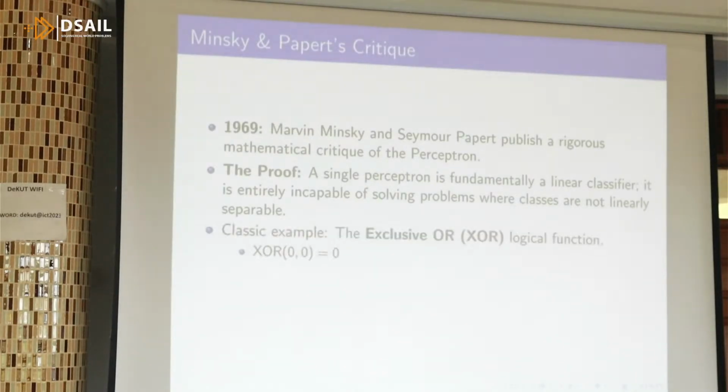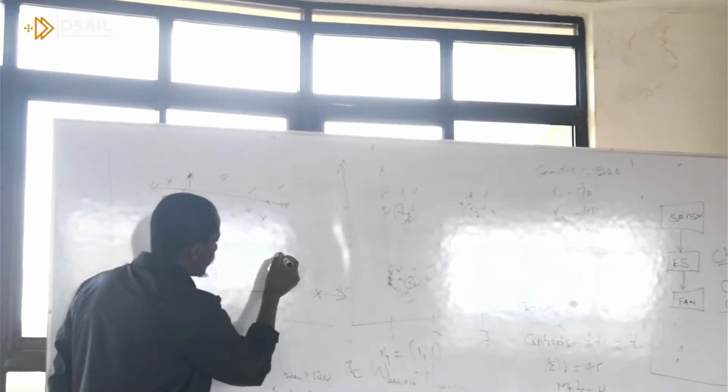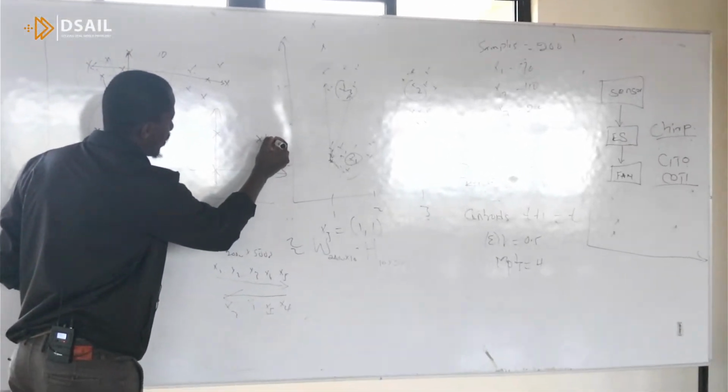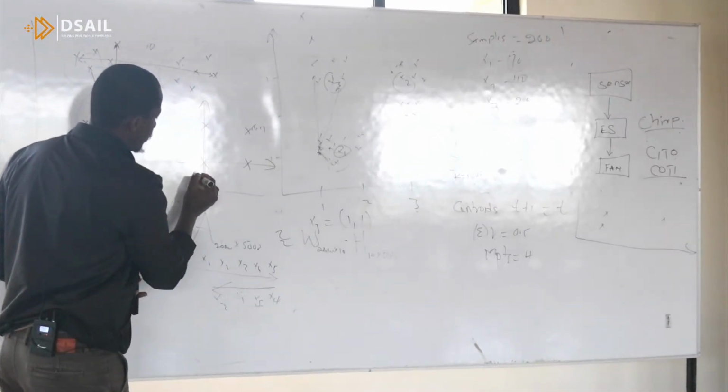I think 2 days ago, Emerson talked about this exclusive OR problem, where you have this XOR function, where if it's 0, 0 or 1, 1, the output is a 0, and otherwise it's a 1. You know what's interesting about this is it looks very simple, but if you plot this, you have 1, 1 here and 0, 0 here.